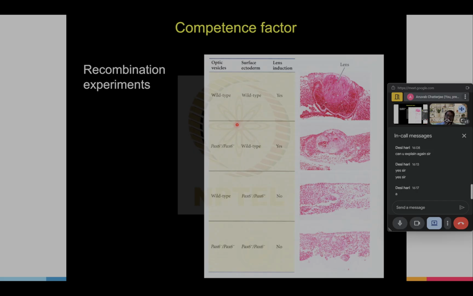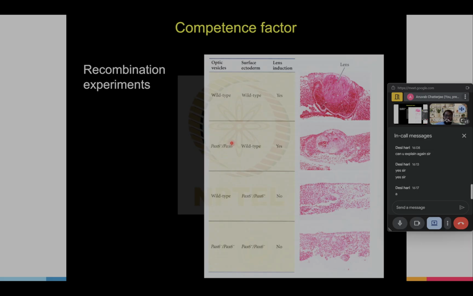This is an example in which they did an experiment in which they took two different cell layers from two different genotypes and put them together. There is a layer at the bottom which is the optic vesicle, and the layer at the top which is the surface ectoderm. When they took wild types for both, which is normal for both, we have lens formation. The surface ectoderm was competent enough to receive the signal from the optic vesicle and form the lens.